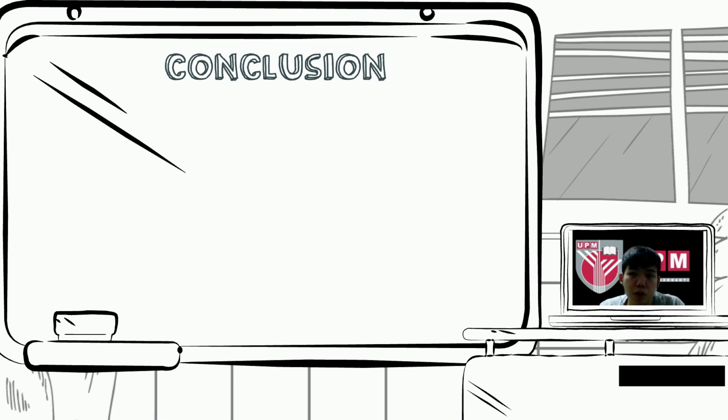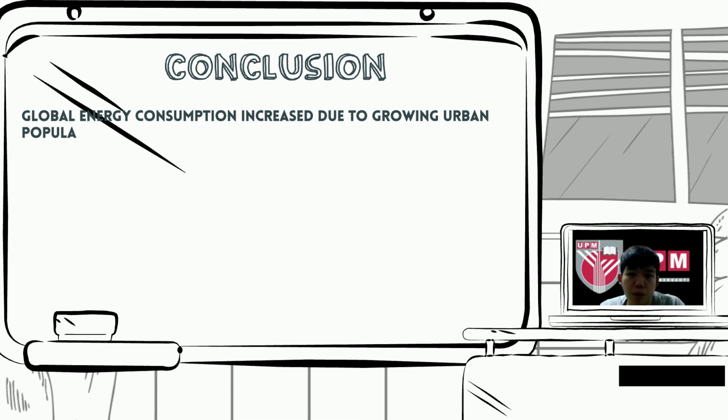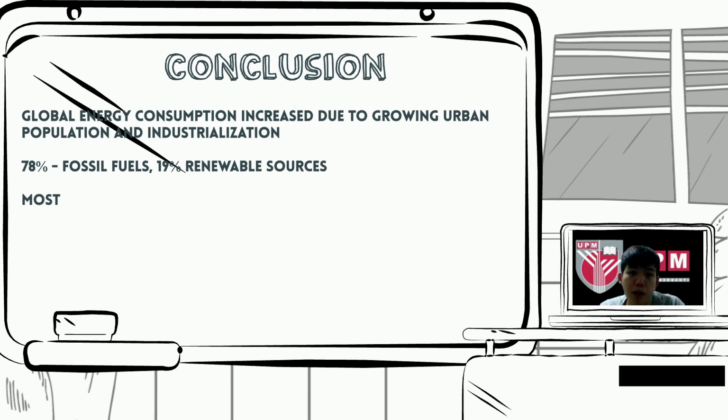So the conclusion of this case study is that global energy consumption has increased due to growing urban population and industrialization. Currently 78% of the energy we use in our daily life is generated from fossil fuels, and only 19% comes from renewable sources.